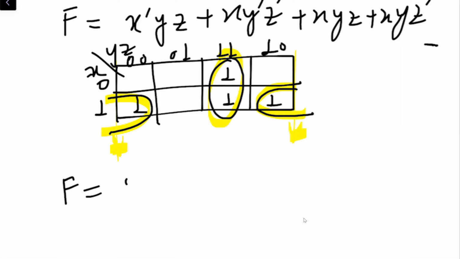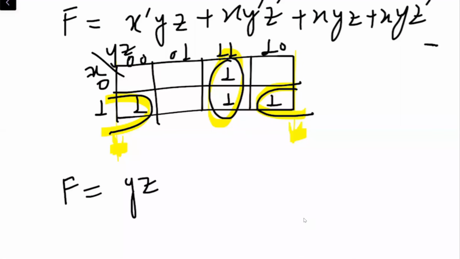So we will write yz for the vertical group. Are you with me? Yes, sir. Right? What is not changing is y and z. x is changing between 0 and 1, because in the two adjacent boxes, in one box the value of x is 0, in the other box the value of x is 1. Therefore we will write yz for the group of 2 over here.